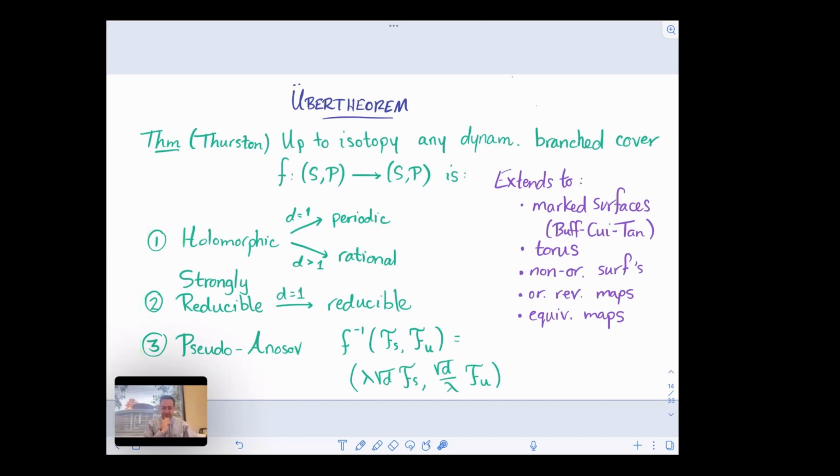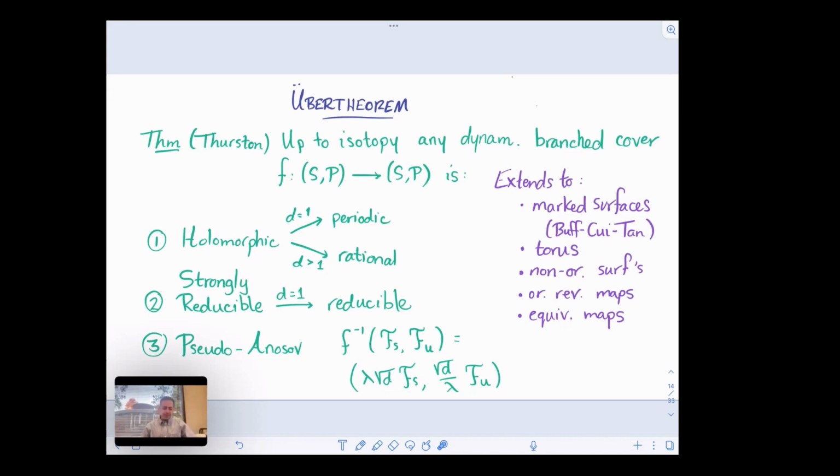Now, pseudo-Anosov, I've changed the definition. In the original definition for surface homeomorphisms, well, D is 1. And so I just said one foliation gets multiplied by lambda, one gets divided by lambda, where you're dividing the measure or multiplying the measure. And so I put a square root of D there, because under a degree D branch cover, area should multiply by D. So that's what's happening here.